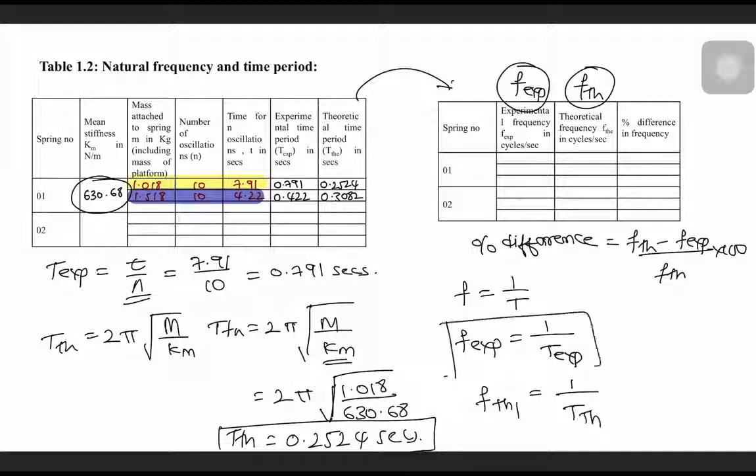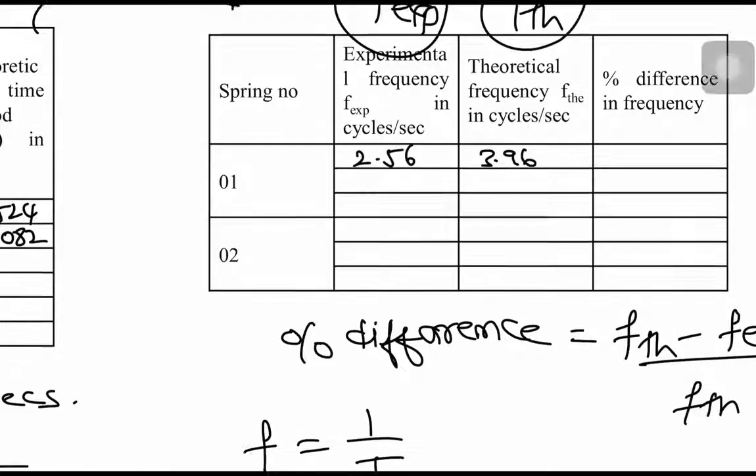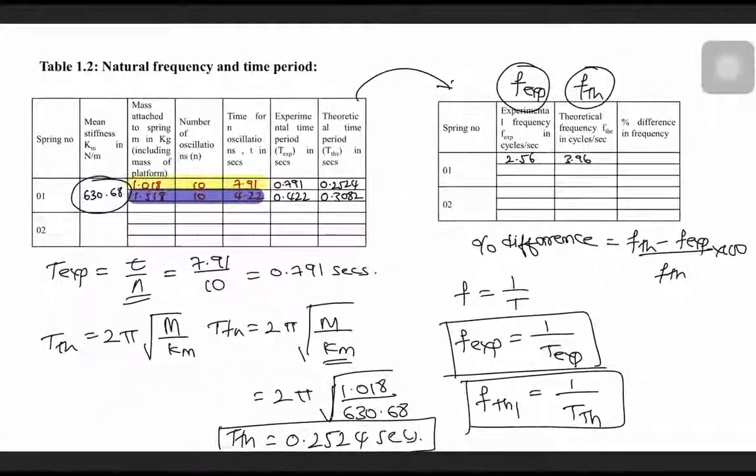So whichever you require, you can just reciprocate it. The theoretical frequency for trial 1 is 3.96 hertz, and the experimental frequency is 2.56 hertz.